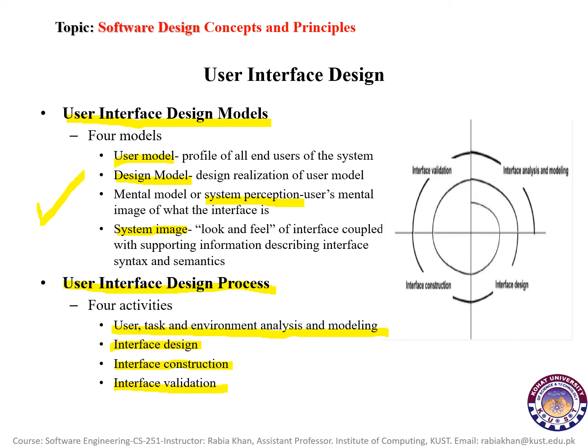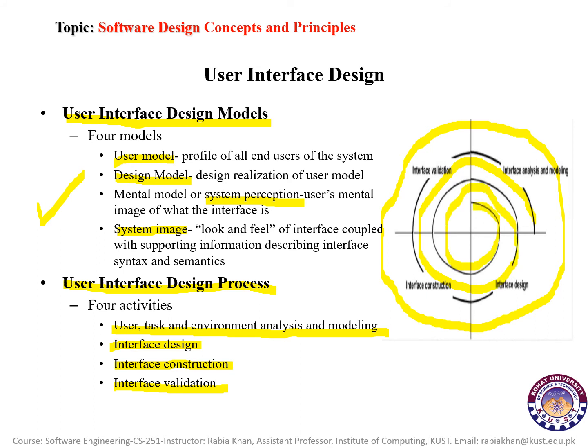In this diagram, I have represented these four activities in a spiral. This spiral implies that each of these tasks will occur more than once. Every spiral here is moving around completely, which means it is an iterative activity. It will go on and on until you develop a final design. The starting begins from the central point and moves out.